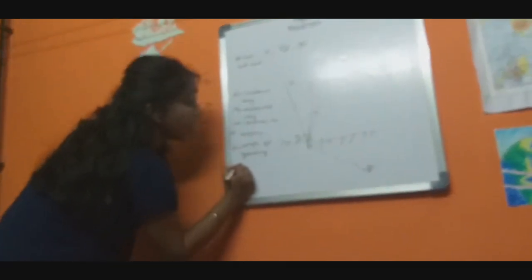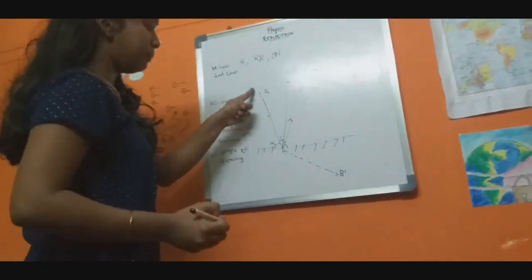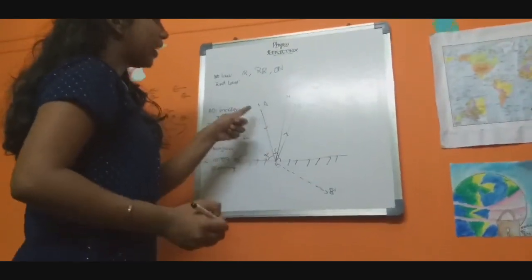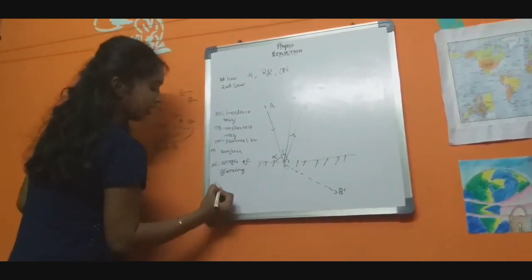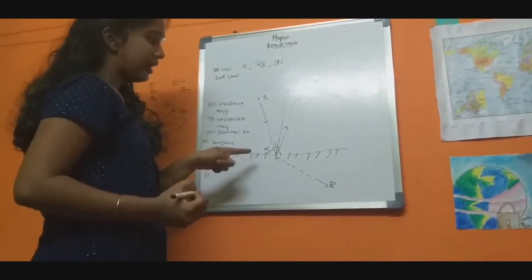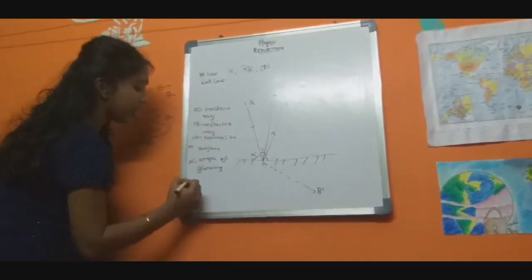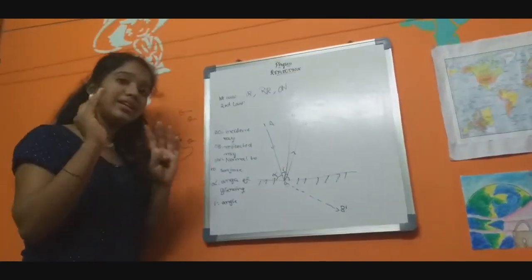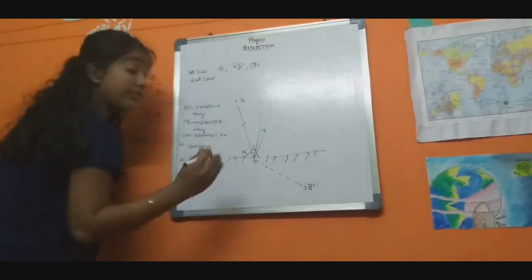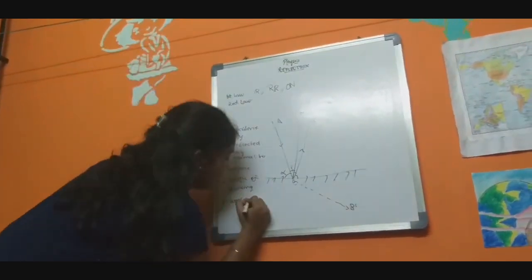Then this is marked as I because it is made by the incident ray and the normal to the surface. I is the angle made by the incident ray and the normal to the surface, called the angle of incidence.